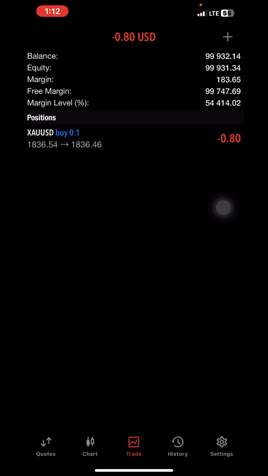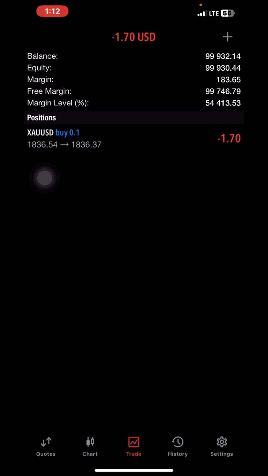Now we move on to the margin. The margin is the amount of money needed in order to place this trade. For this trade with this particular lot size, the margin is the amount of money that you need to place it.